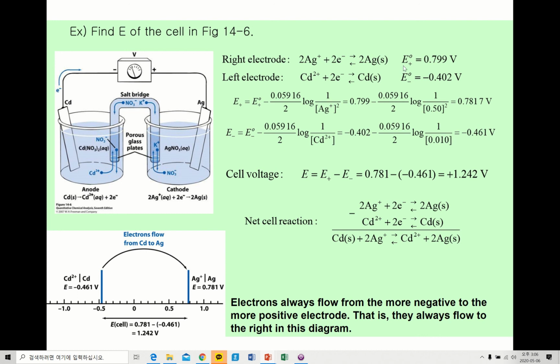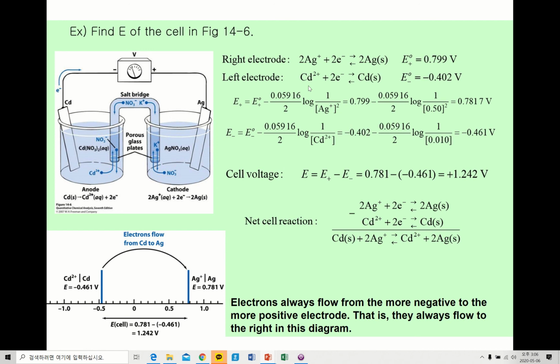But the standard reaction potential doesn't change, 0.799. And on the left hand side, cadmium reduction. Although the actual reaction on the left hand side is oxidation, this cadmium is oxidized, which means it dissolves into the solution as cadmium ion.